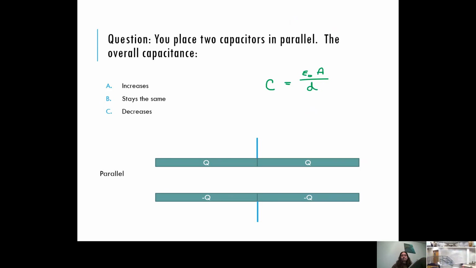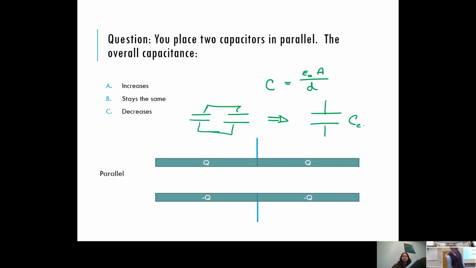And you could probably take a stab at what the relationship is. What do you think, if I had 2 capacitors in parallel, and I wanted to replace them with a single capacitor, what would the value of that equivalent capacitor be? How would we find it?